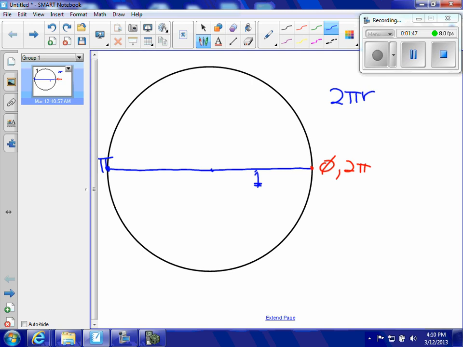Now I'm going to take this top half of the circle, and I'm going to divide it into some pieces. I'm going to divide it into 6 equal pieces. Well, relatively equal. I'm drawing it by hand, so I can't be perfect here.